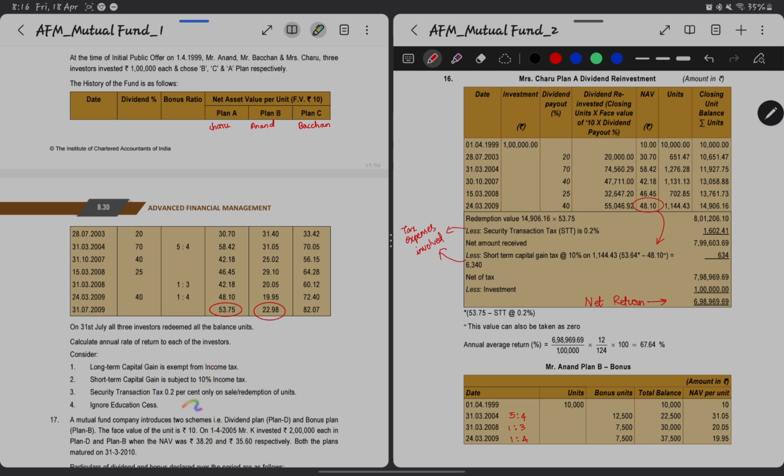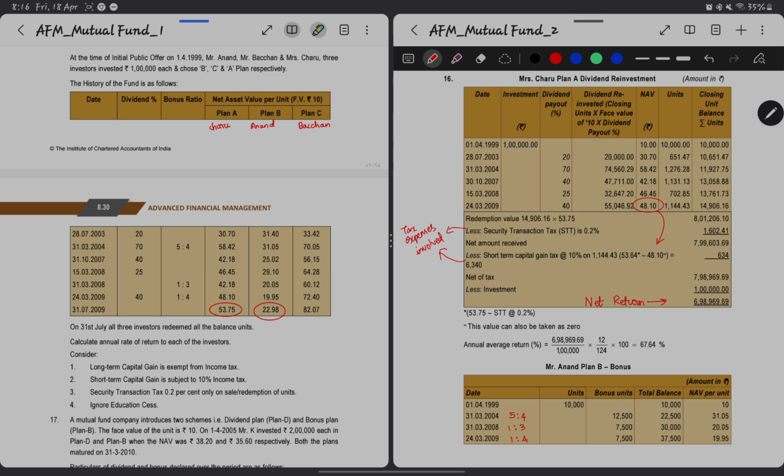And then securities transaction tax 0.2% only on sale or redemption of units. On reinvestment and all we should not calculate. So only at the end, when all three people redeemed on 31st July, we have to calculate STT, and ignore education cess.